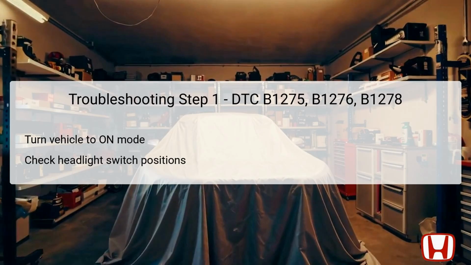This duration is critical as it allows the body control module to register the settings and ensure proper circuit readings. By executing this step, maintain awareness of any warning indicators or unusual feedback from the headlight system, as these may help trace circuit issues.